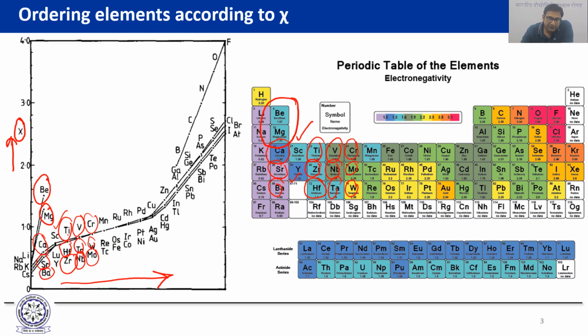So having seen this, he now had the confidence that he could actually use Pauling's electronegativity as a way of classifying, as a way of ordering these elements, and then based on where the elements appear in that order, the hypothesis was the structure of the compound can be predicted.